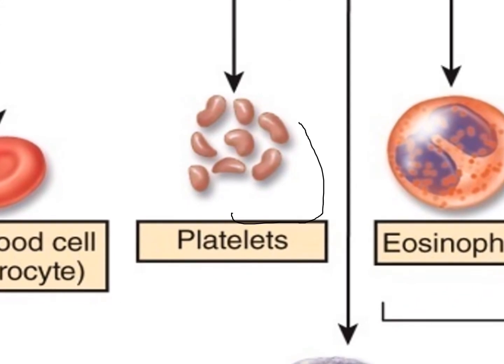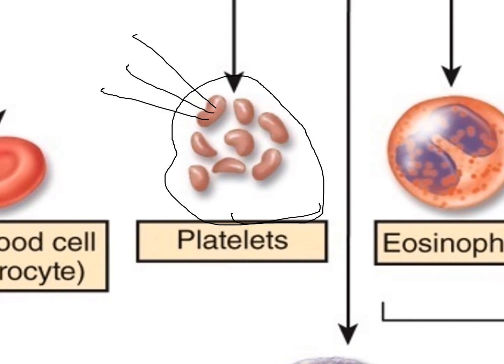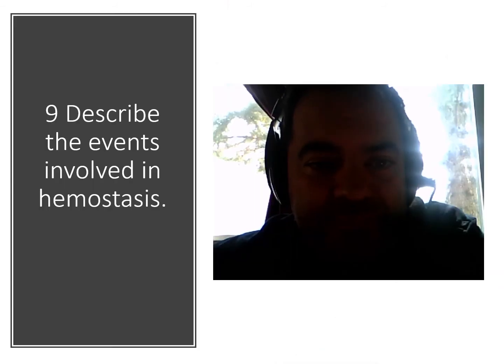But these are the platelets. They don't have a nucleus, but they have a lot of chemicals in them, including serotonin and a whole bunch of other chemicals that are involved in forming not only a platelet plug, but initiating the clotting cascade.